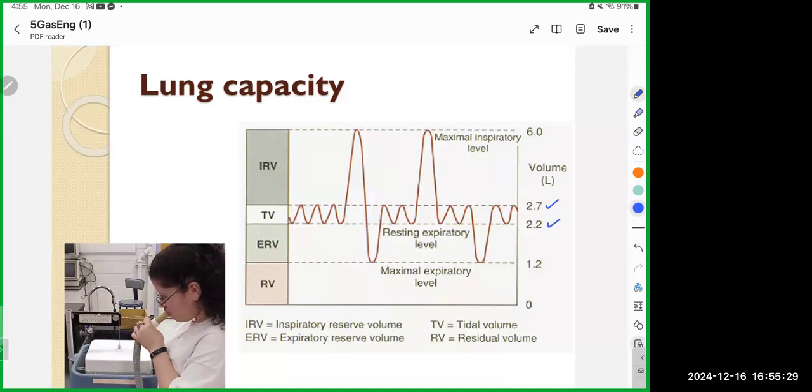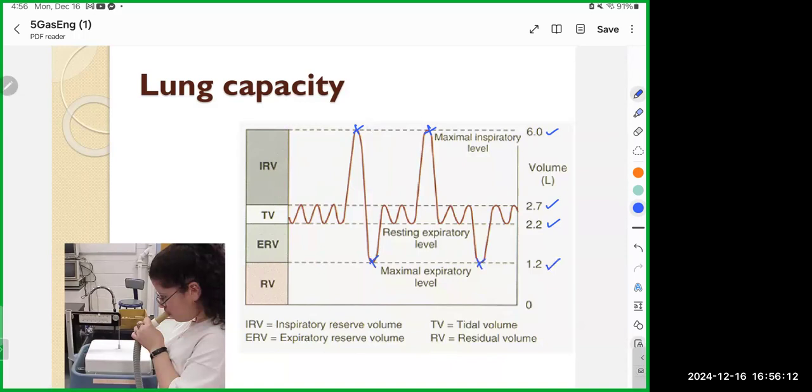But if you inhale deeply, the maximum inspiratory level, I mean the highest possible volume of the lung, is around 6 liters. Right here. And when you try to breathe out as much as you can, your lung capacity would not go to zero, but it's stuck around 1.2 liters.